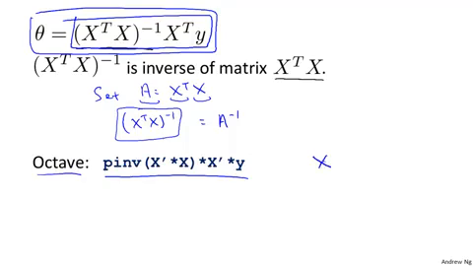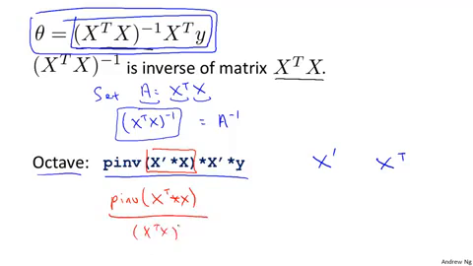In Octave, X prime is the notation that you use to denote X transpose, and so this expression that I'm boxing in red is computing X transpose times X. pinv is a function for computing the inverse of a matrix, so this computes X transpose X inverse, and then you multiply that by X transpose and by Y, so you end up computing that formula.